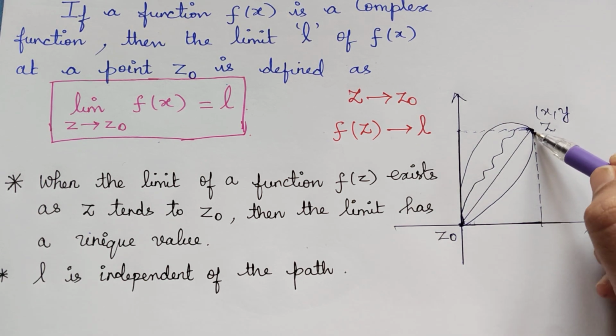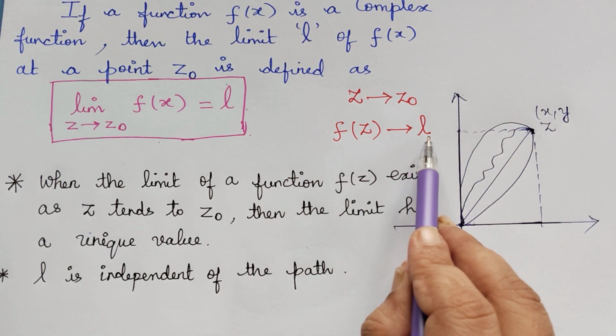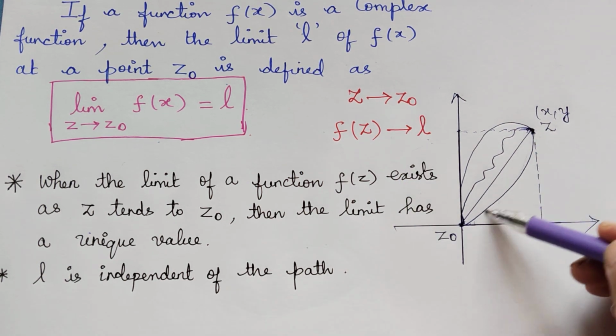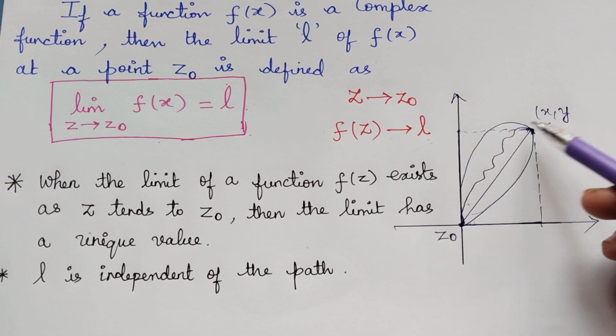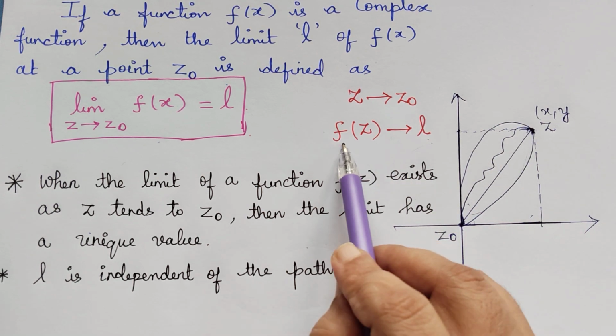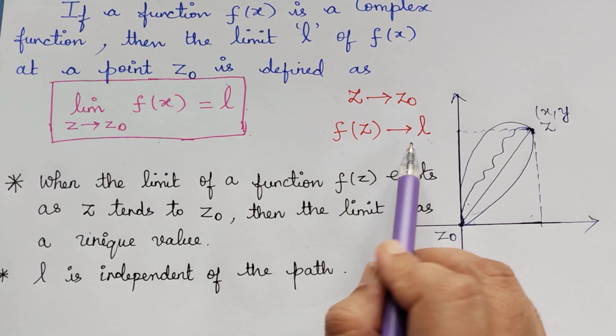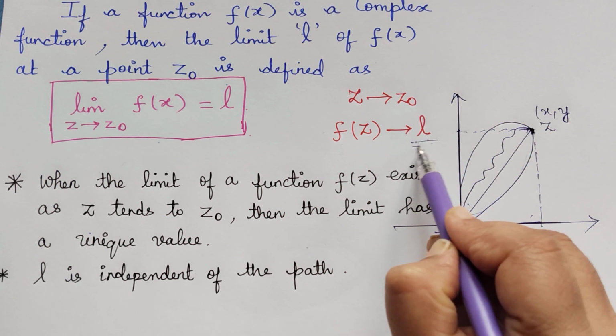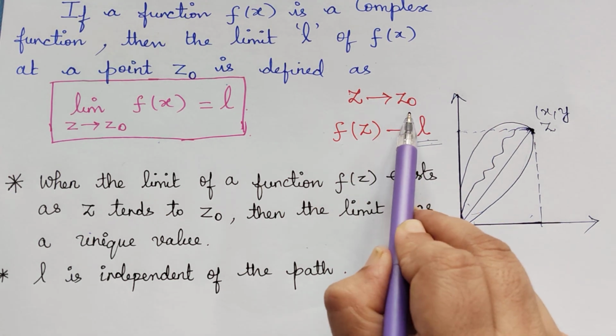But remember, if the limit exists, then always the limit will be unique. Whichever path we choose, irrespective of the paths, the limit f of z will always tend to L only, as z tends to z0.